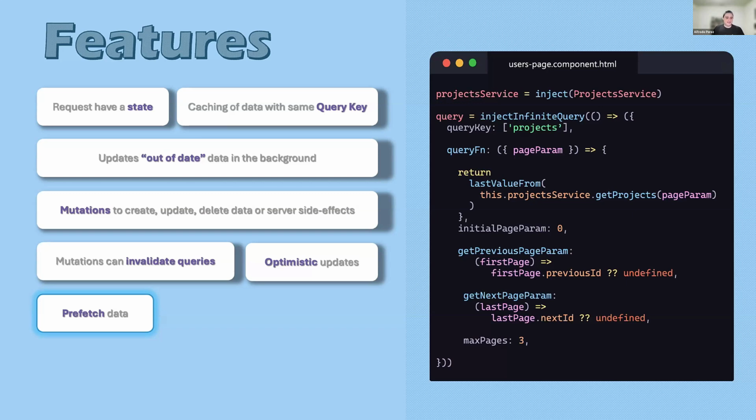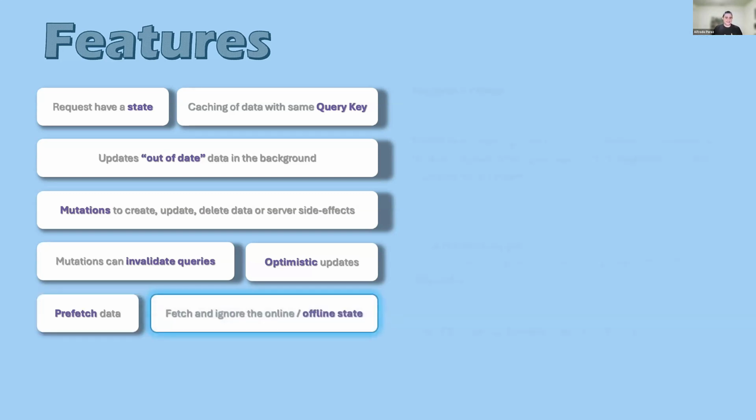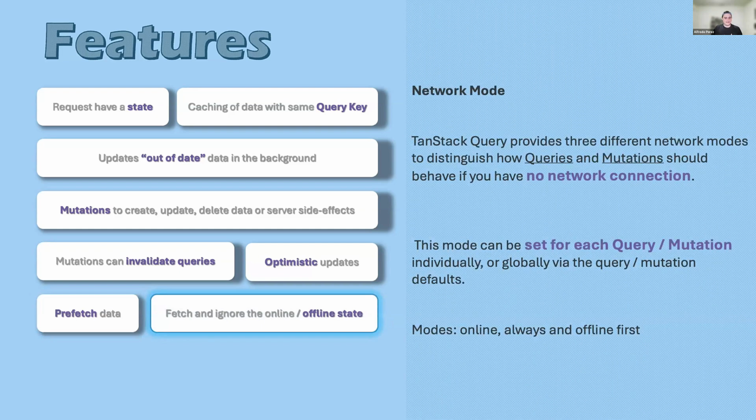Now, another feature that I like a lot is the network mode. With the network mode, we can simulate the offline and online network state. With this, you can have, for example, a modal that tries to do a mutation to add a new to-do, and then close it and go to your table.